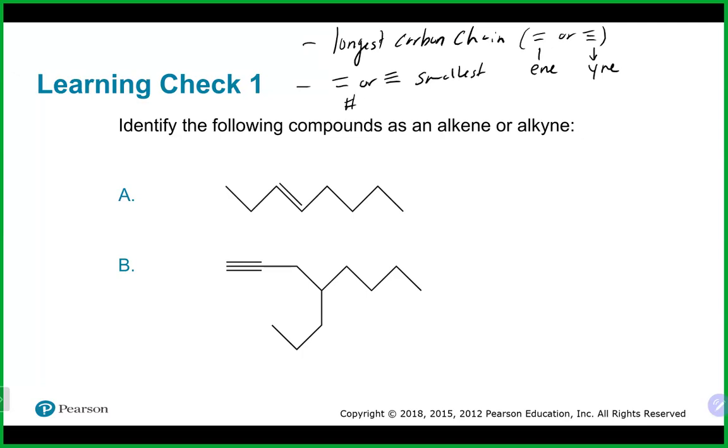And once you lock that into place, you do have to number every other group that's there based on the numbering that you did. The rest of it really is the same. We still give all the groups in alphabetical order. We still give their locations.